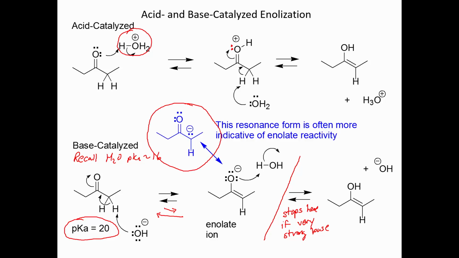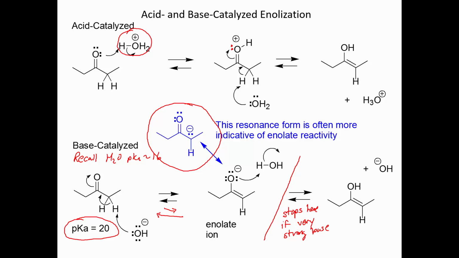Okay, another important thing to point out here is that this is a resonance structure. By the rules of resonance that we looked at very early in organic chemistry, we would say that the resonance structure that I circled is not as good as the enolate ion resonance form. And that is in fact true. If you took a picture or an X-ray structure or whatever of this intermediate, you would find that it looks more like this, okay?